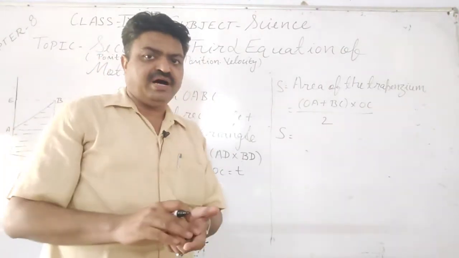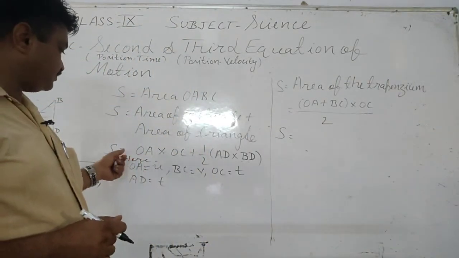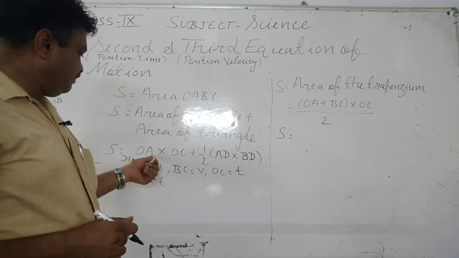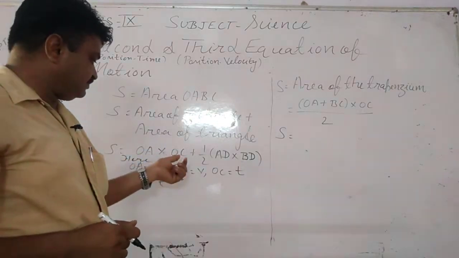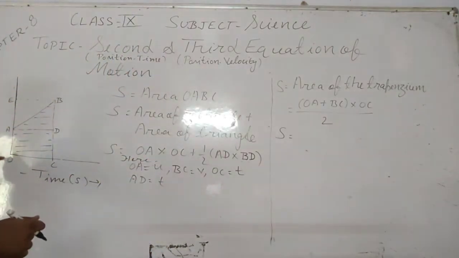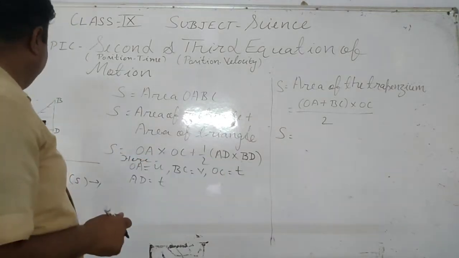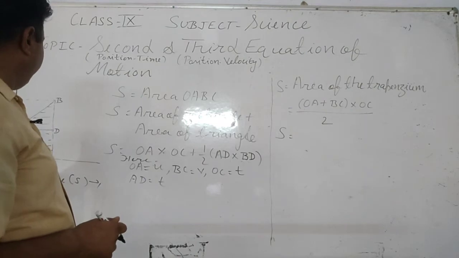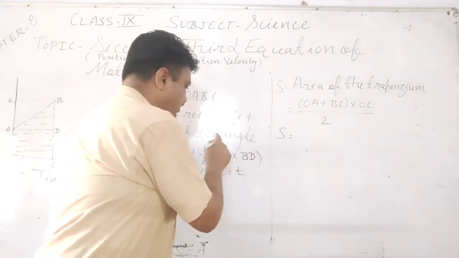Now we put all these quantities here. For the breadth we take OA, and for the length we take OC. For the triangle, AD is the base into height.